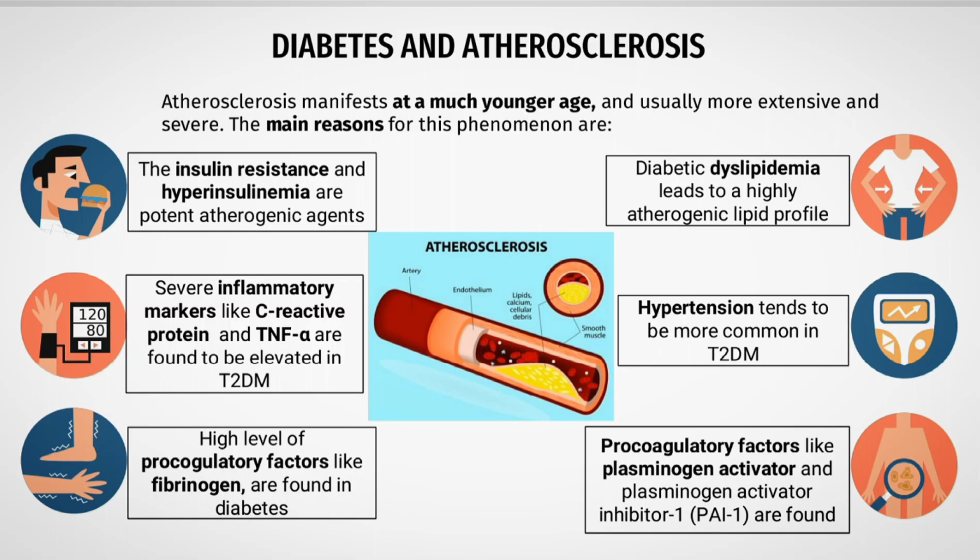This atherosclerosis can be manifested at a much younger age, and this manifestation is usually more extensive and severe. There are various reasons for development of this atherosclerosis phenomenon, which include insulin resistance, and we have also noticed that hyperinsulinemia, increase in insulin secretion, is also a potent atherogenic agent.